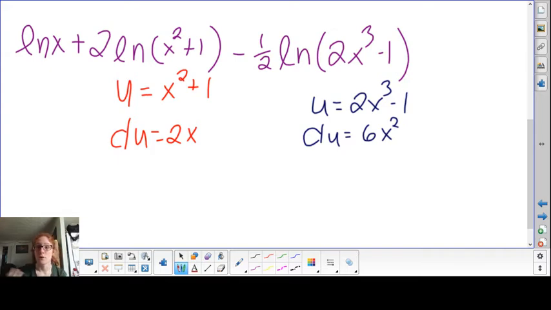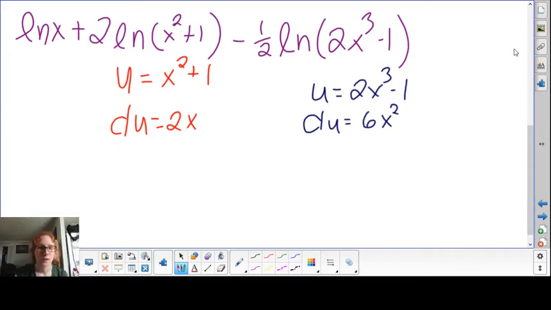So let's go ahead and take the derivative of this. The derivative of the ln of x is just going to be 1 over x. Plus, when I take the derivative of the natural log of something, on top will go my coefficient.